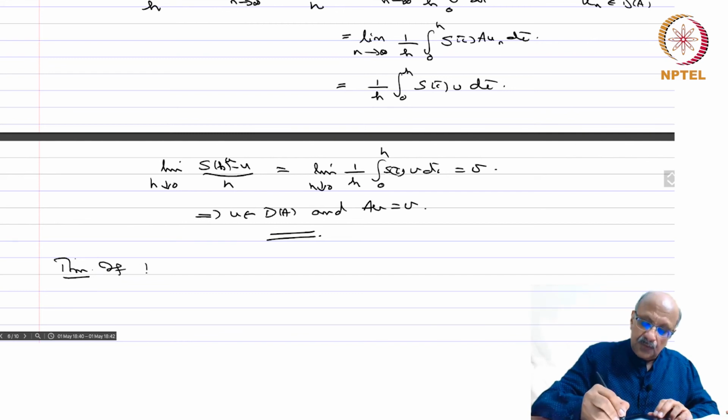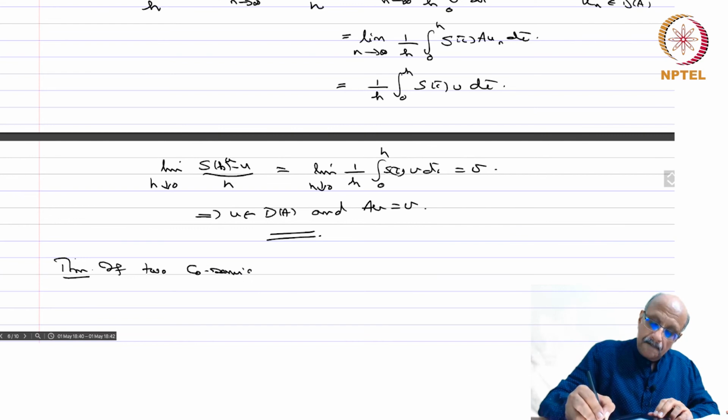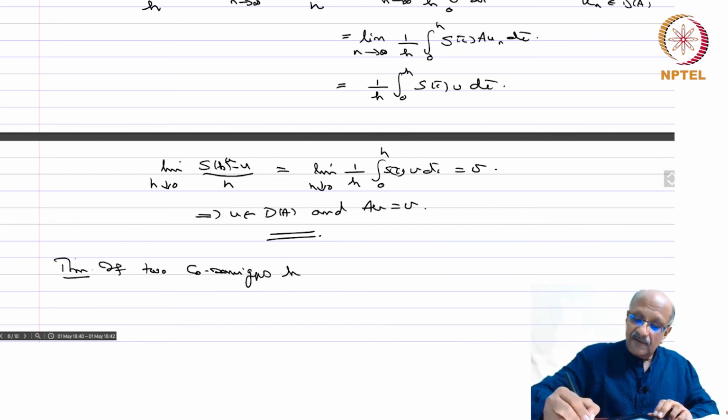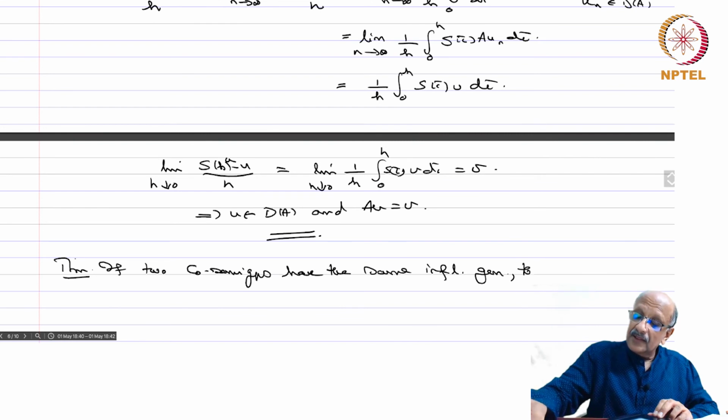If two semigroups have the same infinitesimal generator, then they are identical.